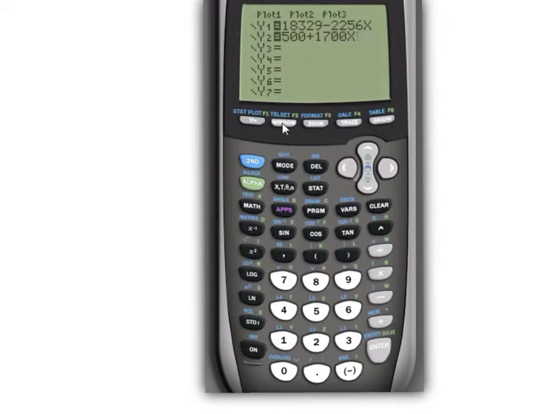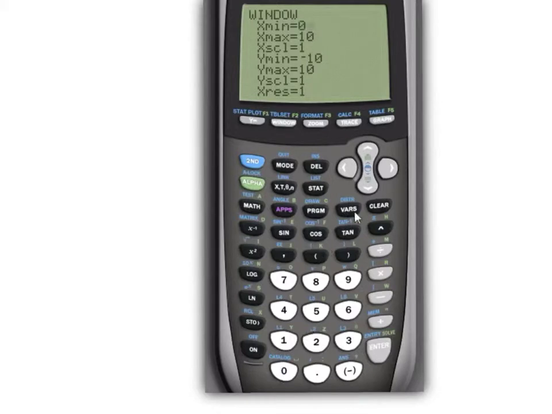And then we'll set the window. Now, here's the key thing I want to show you. We have to change these numbers so that it fits our picture. It doesn't really make sense for X to be negative. So we'll start X at 0. And I'm going to go up to 6. And it's going to scale up by ones, meaning put a tick mark every 1 unit.